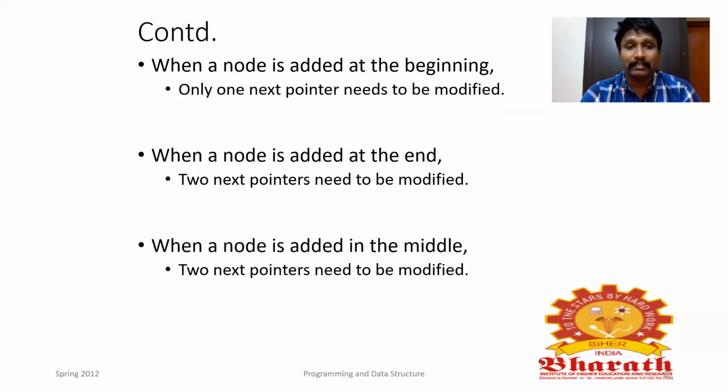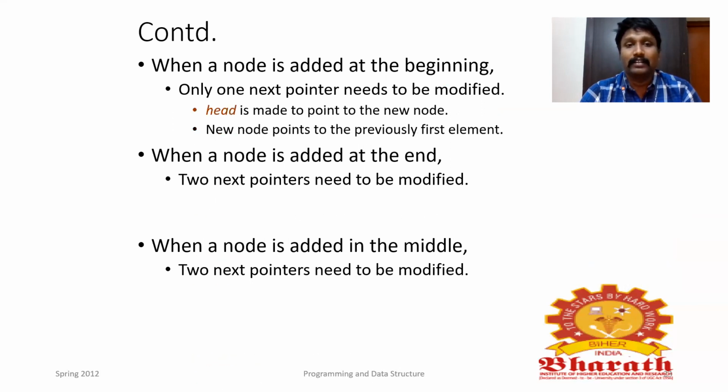When a node is added at the beginning, only one pointer needs to be modified. Head is made to point to the new node, and the new node points to the previous first node. See these three different scenarios: when a node is added at the beginning, when it is added at the end, and when it is added in the middle.